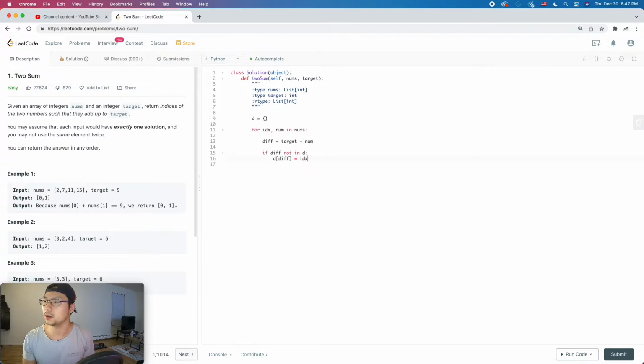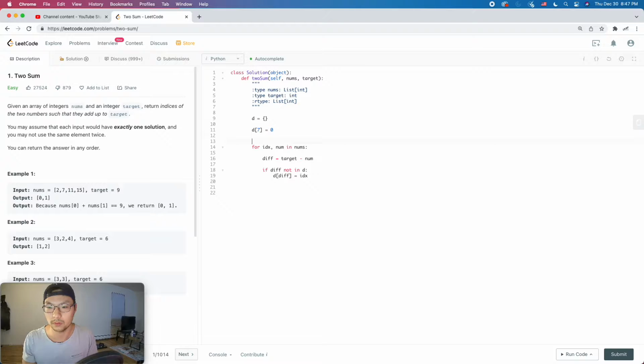How should I put this? So where do we store that? Found index. So this target is 8 and so on. For here, for example, 9 minus 2 equals 7, right? So we have 7 stored. So we have D of 7 stored with index 0, right?